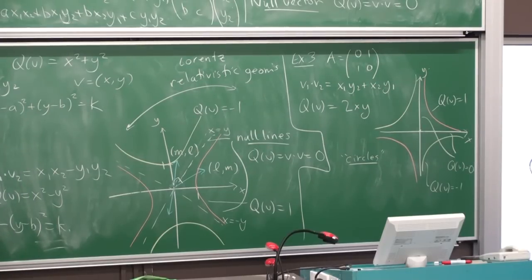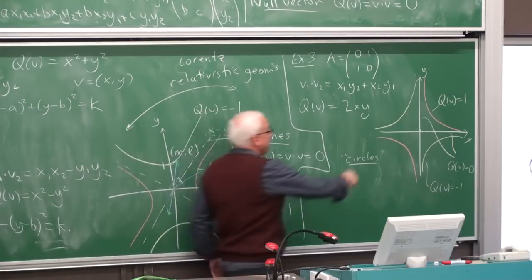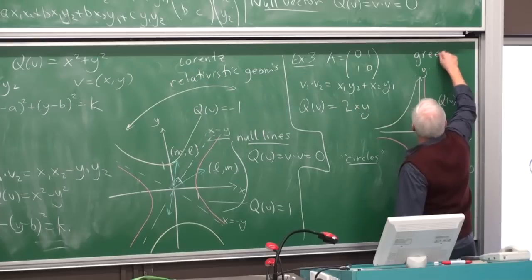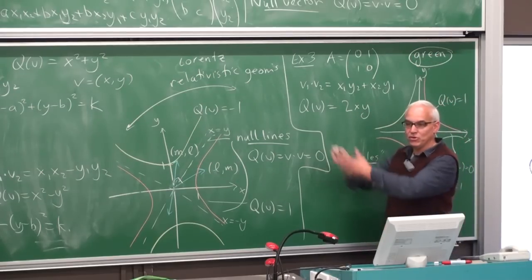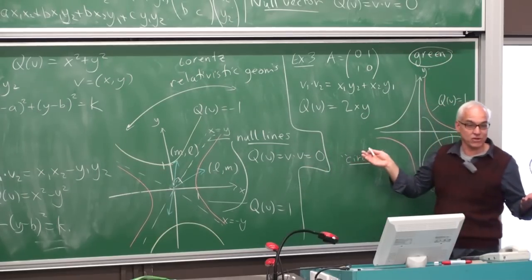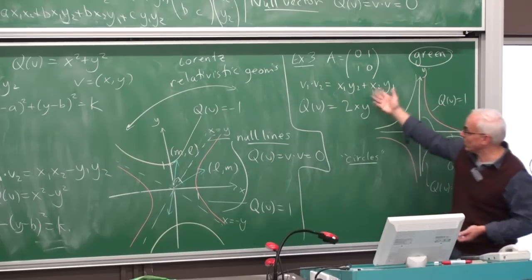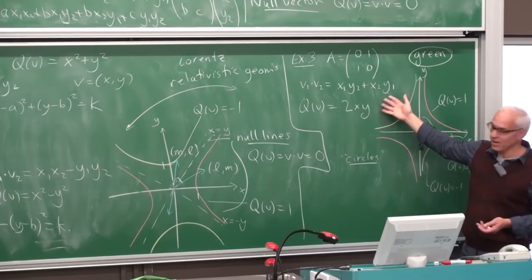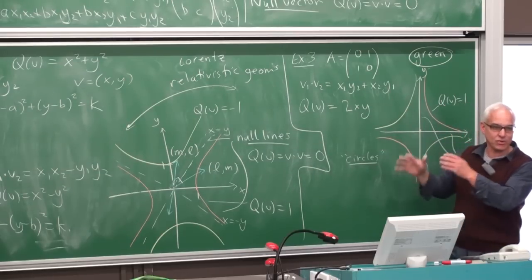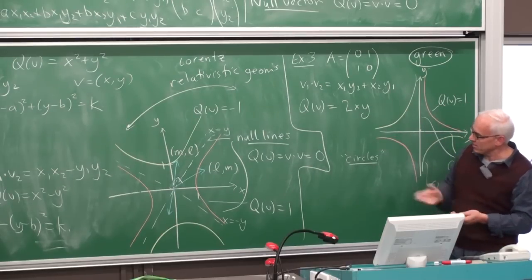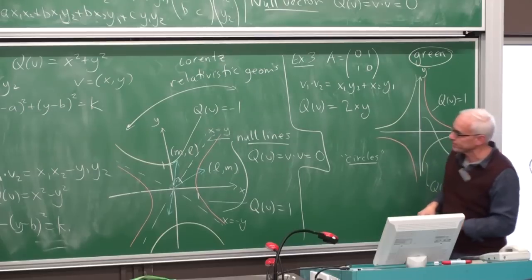In fact, I'm going to call this geometry, the familiar one that we all know and love, the Euclidean geometry, blue. And I'm going to call this one red, and this one green. So when I refer to blue geometry, I'm talking about the ordinary Euclidean planar geometry. Red geometry is this relativistic geometry, and green geometry is this version of it. These two are almost the same, right? They're just sort of rotated from our point of view. But nevertheless, it's useful to keep them separate.